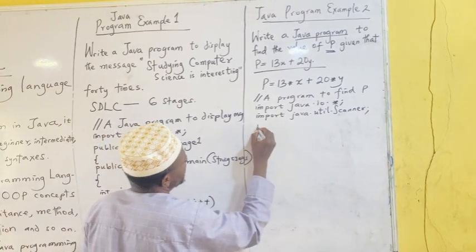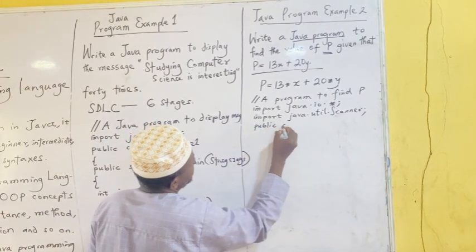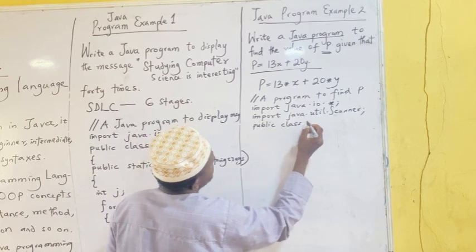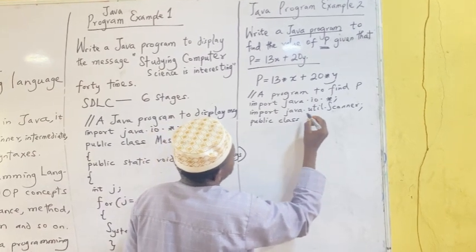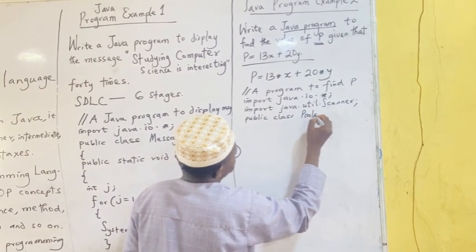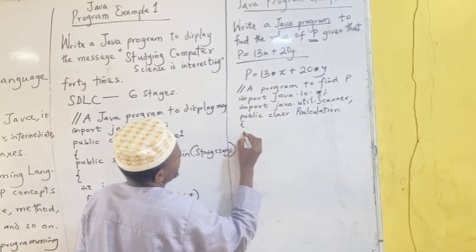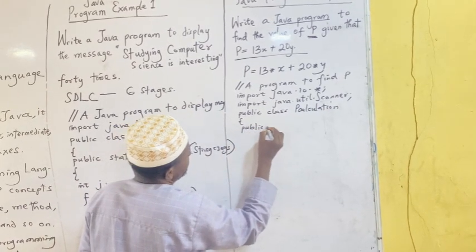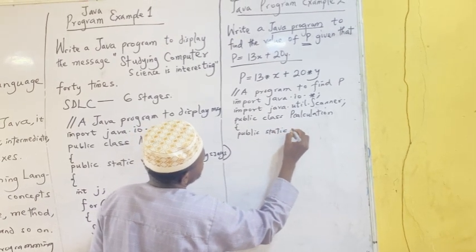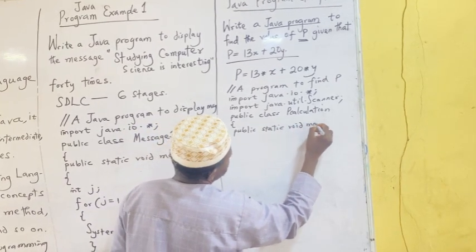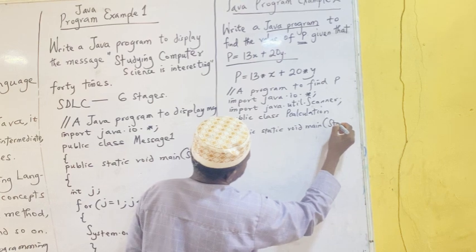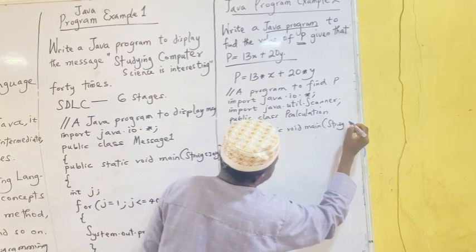Having done this, the next thing is to write my main class, public class PCalculation. That's the name I want to give it. Write your main method, public static void main String args.